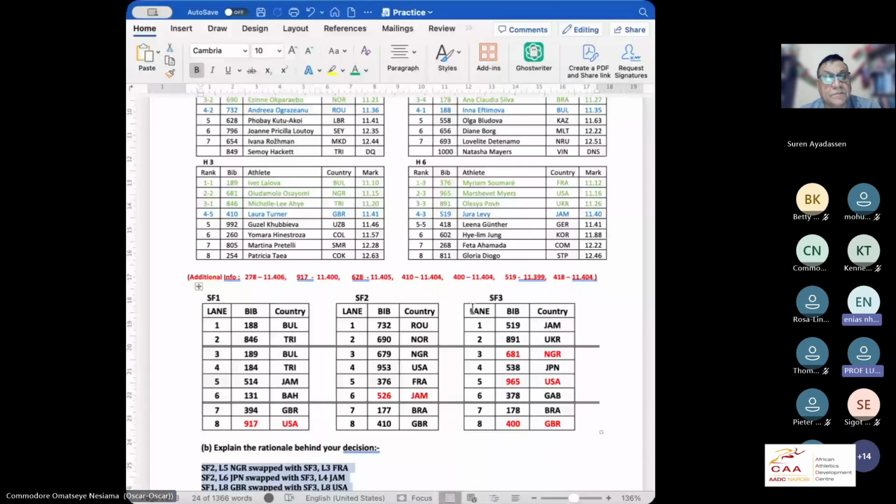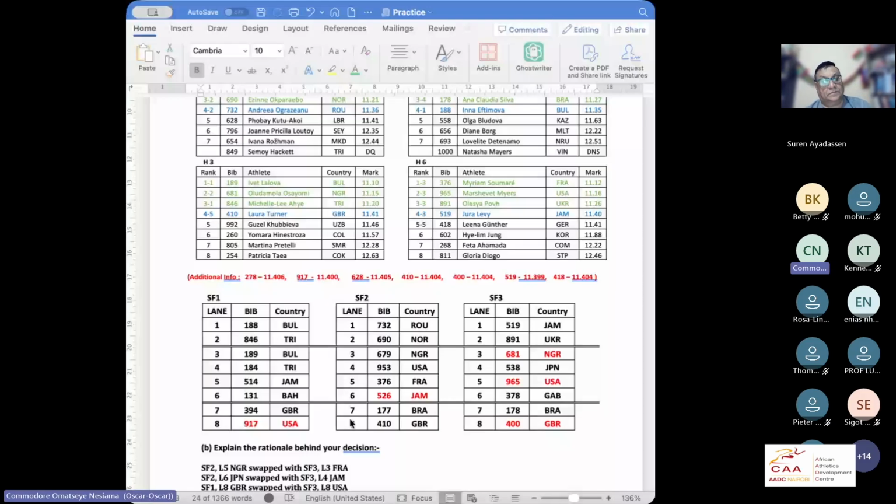1, 2, 3, 3, 2, 1, 1, 2, 3, 3, 2, 1, 1, 2, 3, 3, 2, 1. So zigzag distribution will follow. And after the zigzag distribution, since this is an 8-lane track, there will be 3 draws for the lanes.